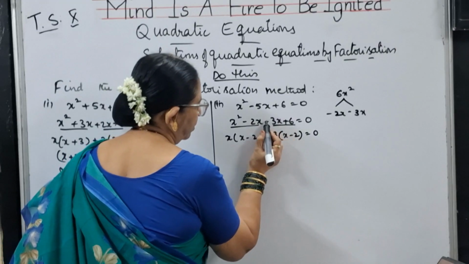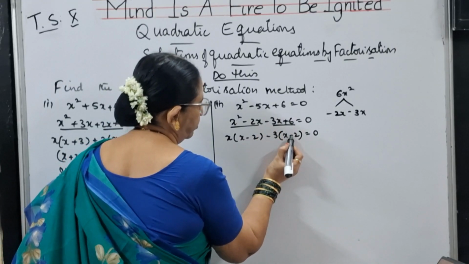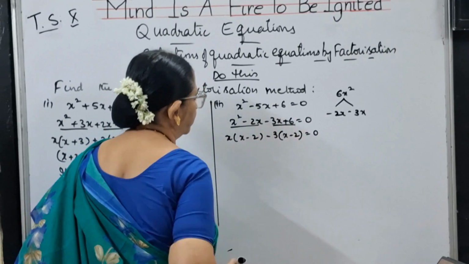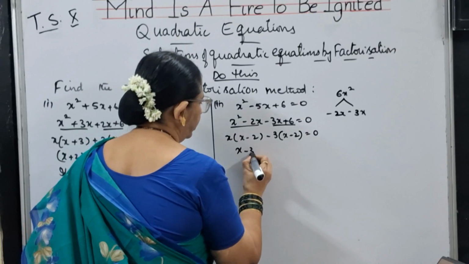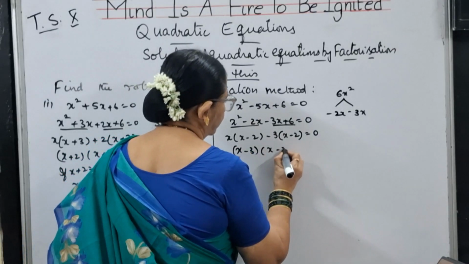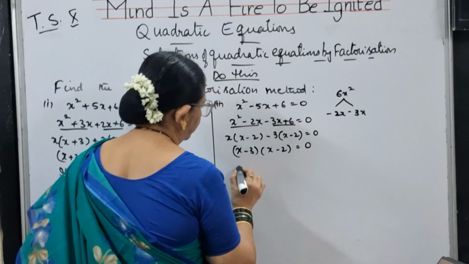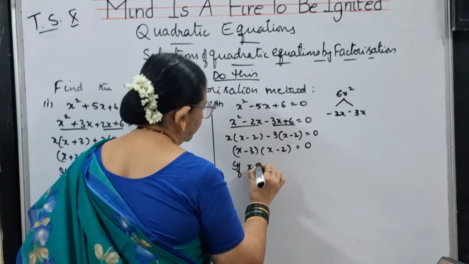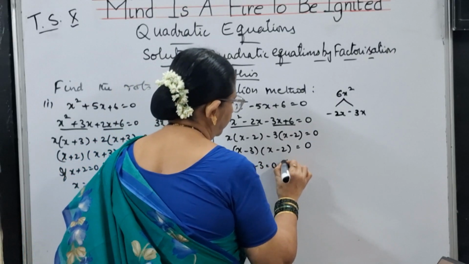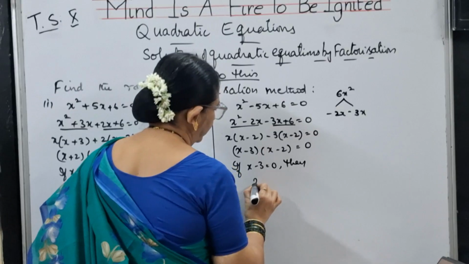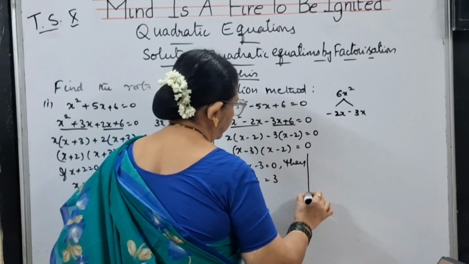Earlier I have explained, children, if you have minus here, it should be minus only. Minus into minus becomes plus. So (x - 3)(x - 2) = 0. If x - 3 = 0, then x = 3.